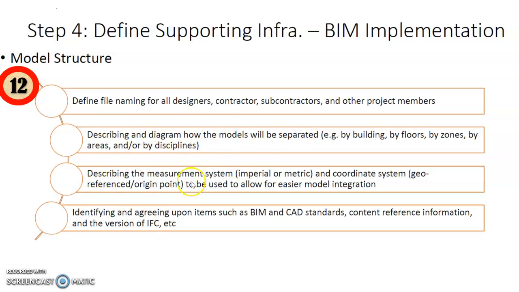Describing the measurement system. Typically, we use the metric system, and the coordinate system to be used, so that we can have easier model integration among the different BIM models or the different BIM users. Identifying and agreeing upon items such as the BIM and CAD standard, the content, reference information, and the version of the IFC.